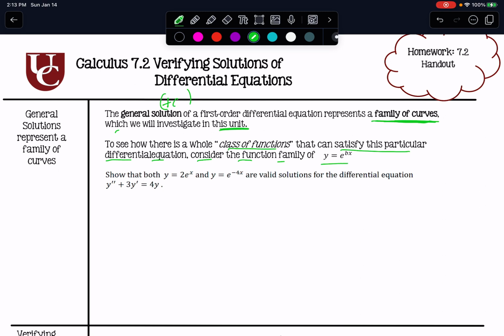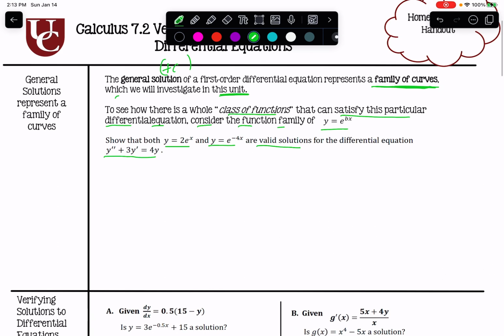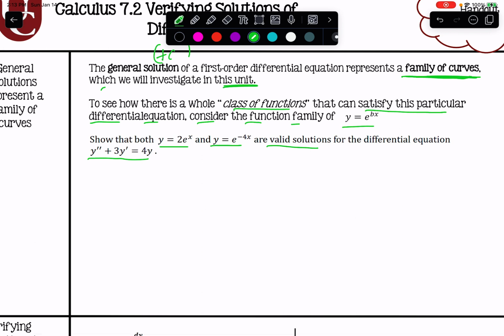So they want us to show that y equals 2e to the x and y equals e to the negative 4x are both valid solutions for the differential equation y prime prime plus 3y prime equals 4y. So all you have to do is substitute into this one.